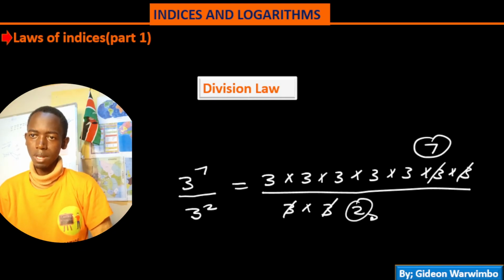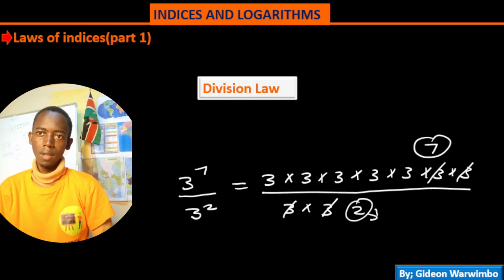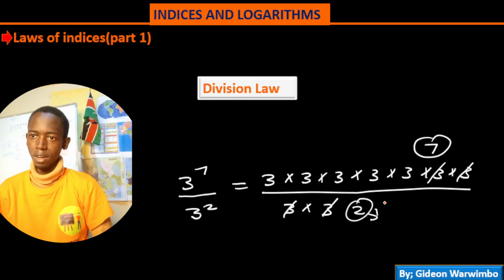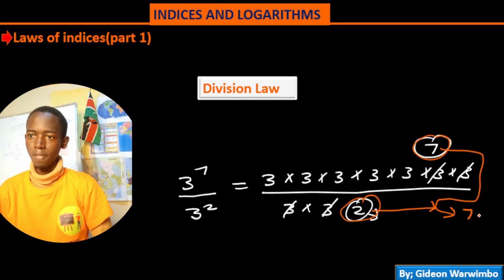Therefore what has happened is that we have taken this 7 and we have taken these 2. Let's put them here. We've taken these 7 and then we have minused these 2 over here to remain with 5. And how many 3's are here? There are 1, 2, 3, 4, 5.